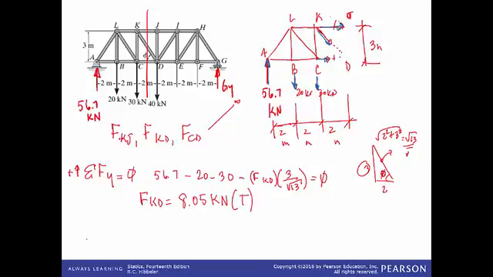Sorry for that interruption. If I do now the sum of the forces in X, I have 2 unknowns, right? Because I have the F_CD and F_KJ.